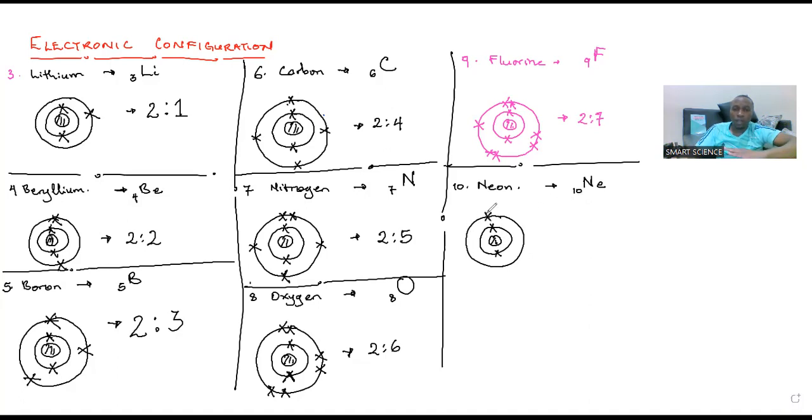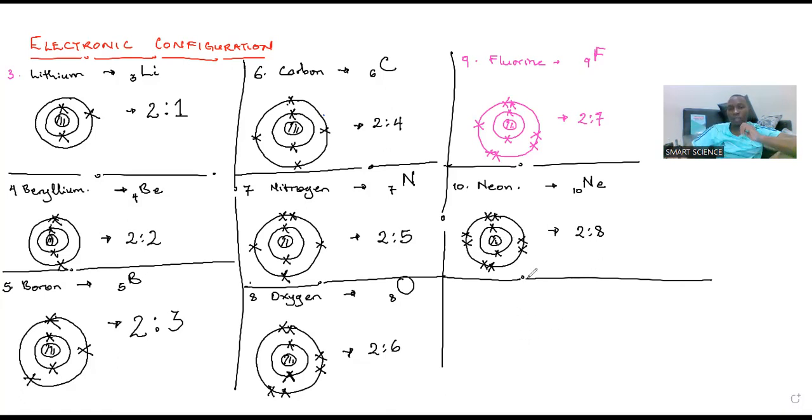So you come here and put 8 electrons in pairs. So we shall put 4 pairs, which makes the total number become 8. Therefore, our electron configuration becomes 2, 8. Now, the second shell is fully filled.